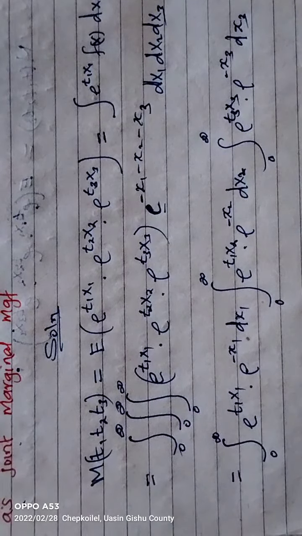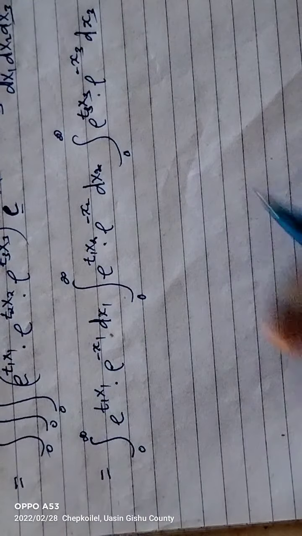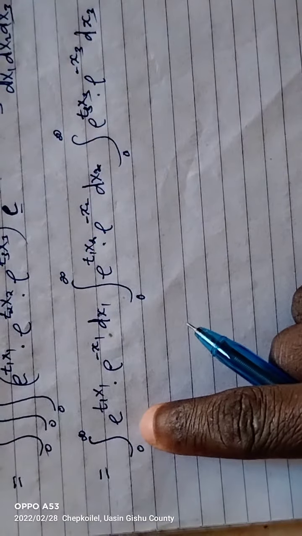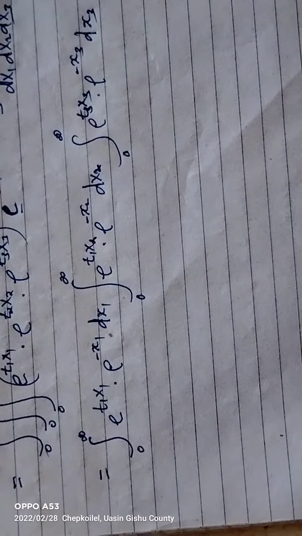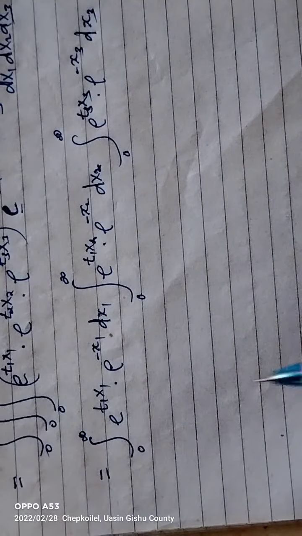Now we want only to operate on one side, because if we can operate this one, all of them are equal. So let us operate on this one.